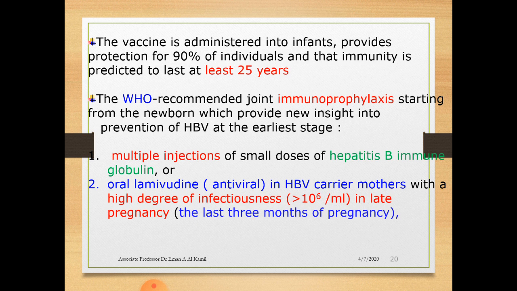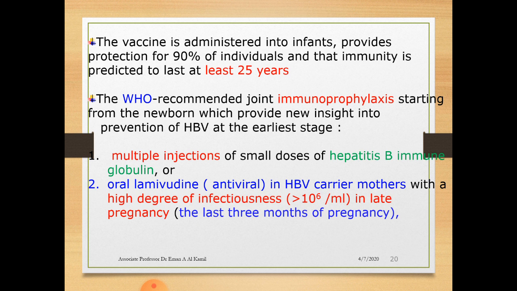So, if the mother is positive to hepatitis B virus or a carrier, multiple injections of small doses of hepatitis B immunoglobulin should be given to the baby, or oral antiviral should be given to the mother during pregnancy, who has the highest infectiousness, which is when she has a viral load of more than 10 to the power 6 per mL in late pregnancy, at least for the last 3 months.